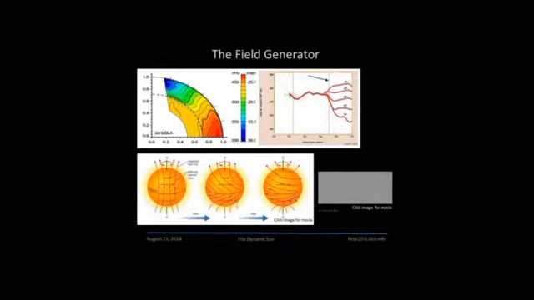What this is showing is, so here 1 is the solar surface, 1 solar radius. 0.7 is the transition from the radiative interior to the convective envelope, and we call this the tachocline. And if any of you know any Greek, you'll know that tacho has something to do with speed, like the tachometer in your car. That's because there's a big transition, and that's what I'll talk about.